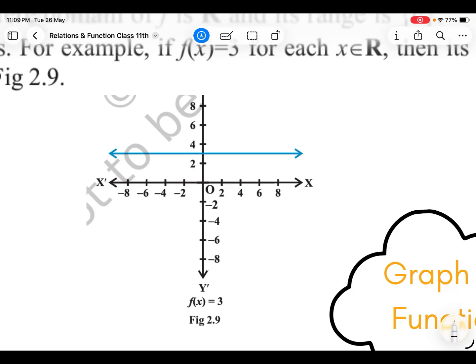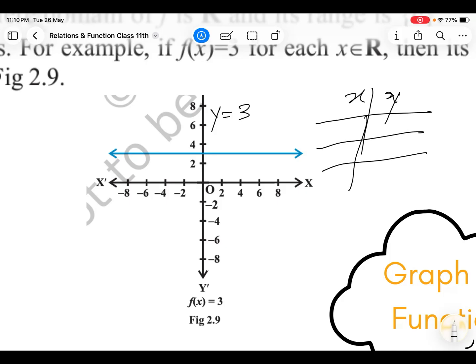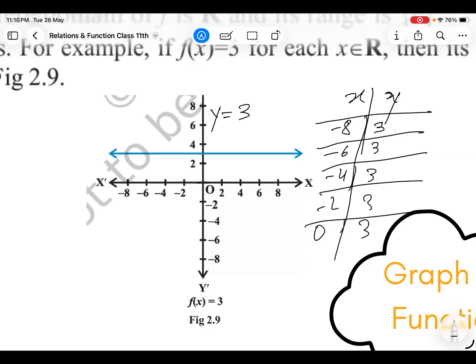On the y-axis we have something constant, 3. When we take x equal to -8, then y is 3. Then taking -6, it is 3, -4 gives 3, -2 gives 3, 0 gives 3.